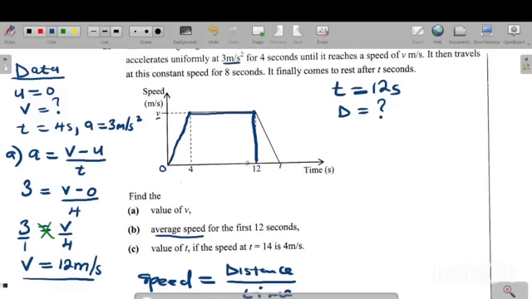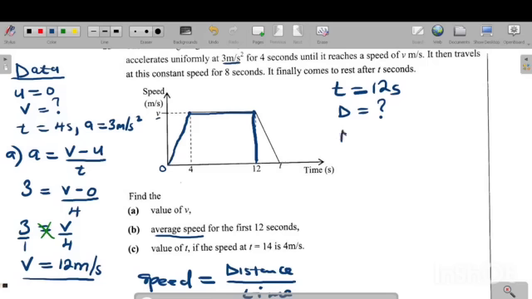But in this case, I'm going to show you one method of just looking at this shape. When you look at this shape, this is a trapezium. So for you to find the distance, you're going to use the formula for finding the area of a trapezium. The area of the trapezium is equal to the distance.